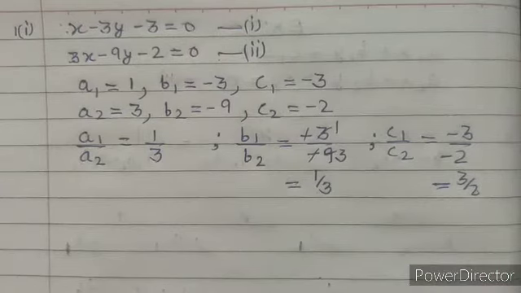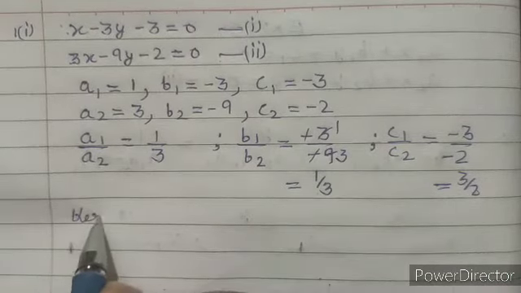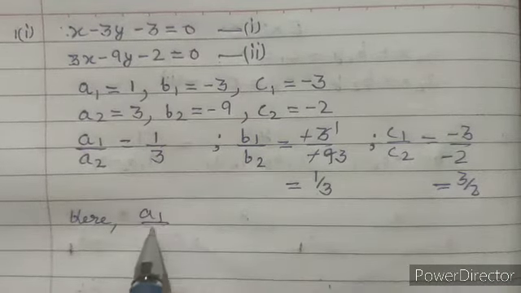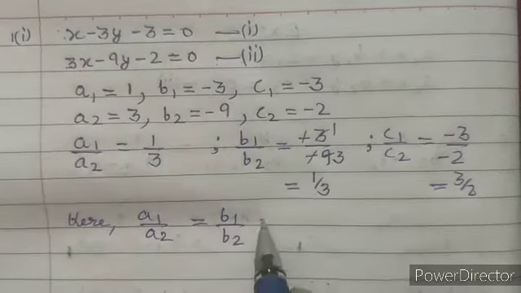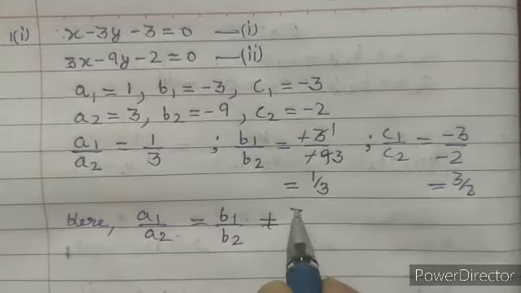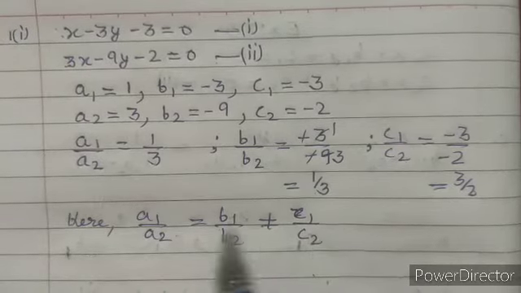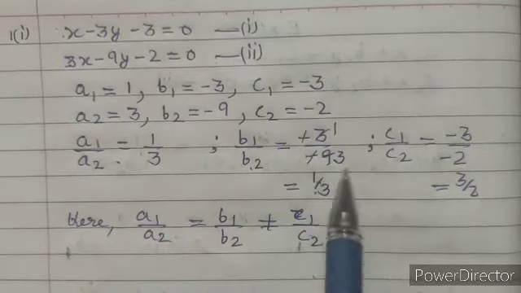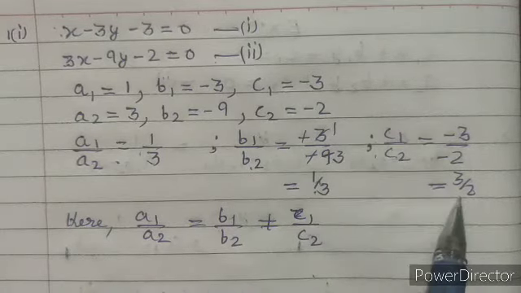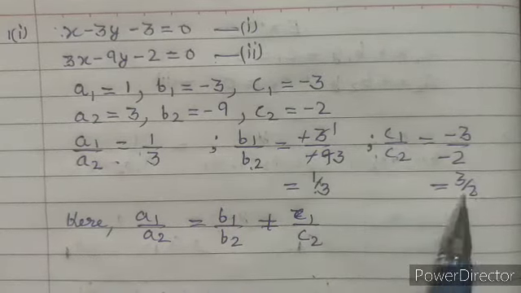As we see here, a1 by a2 is equal to b1 by b2, and that is not equal to c1 by c2. a1 by a2 is equal to b1 by b2, that was 1 by 3, and that is not equal to c1 by c2, as c1 by c2 was 3 by 2.